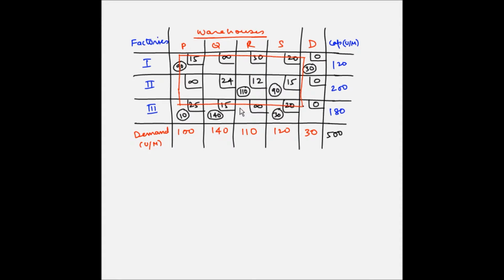A right angle turn can be made only at the stone square, even though the path may skip over stone and water squares. So for this square 3D, the closed path is 3D to 3P to 1P to 1D and then back to 3D. Now we have to assign alternate positive and negative signs, starting with a positive sign at the selected water square.